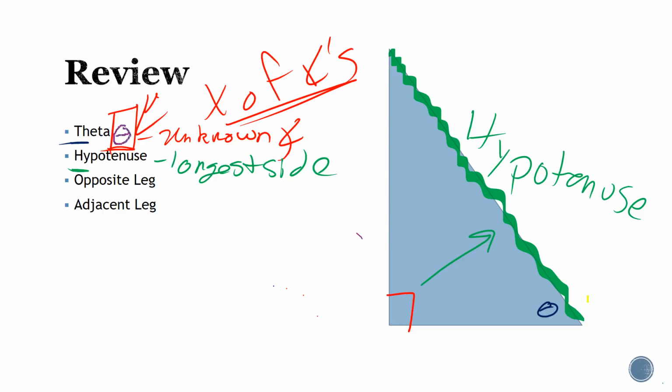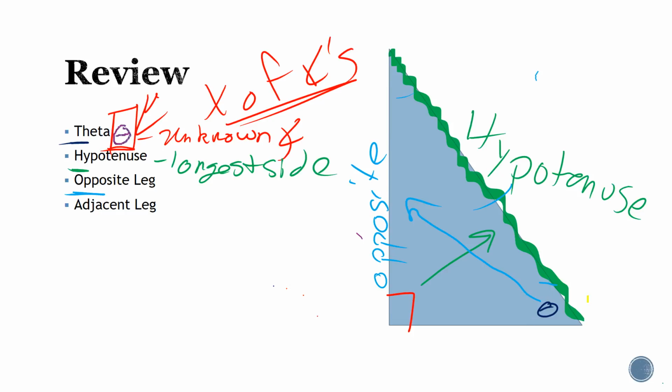So the opposite leg is the leg that is not touching the theta. It is directly opposite. In fact, it is equally away because it has one side and one angle in between it and the theta. So that's another way you can think of it.